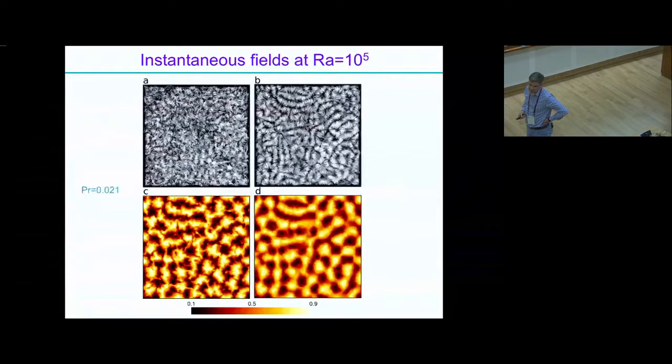Could you really pick out these patterns somewhere without the aid of the naked eye? Well, you can somehow here, right? Here you can, but there it's harder. And it depends on the Prandtl number. When you have very high Rayleigh numbers or very low Prandtl numbers, it's going to be pretty hard because you have this vigorous fluid turbulence. And then it's probably not so easy to do that.